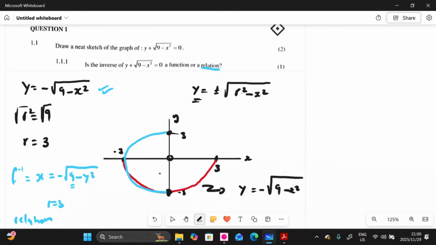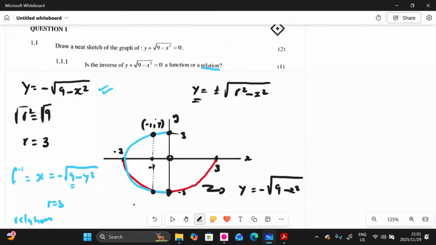So another way to find out whether this graph is a function or relation, you check within the domain of the graph. For example, if we draw a vertical line within the blue graph, which is the inverse, if we take any x value, let's say -1, and we draw a vertical line within the domain of this blue graph, we're gonna have this point here. So this point, obviously our x is gonna be -1, and our y, for now, let's just say it's positive y.